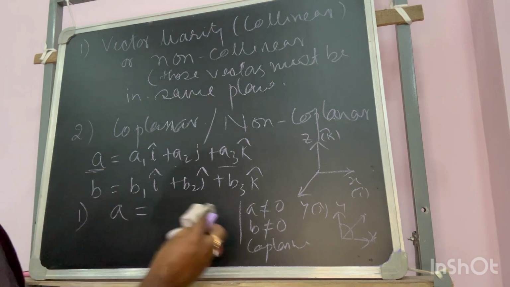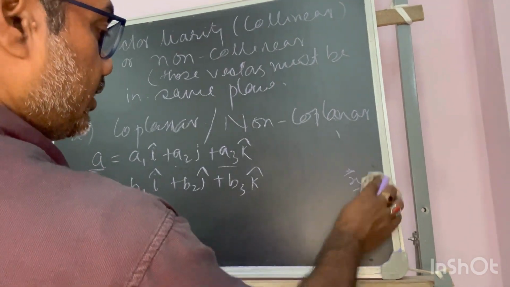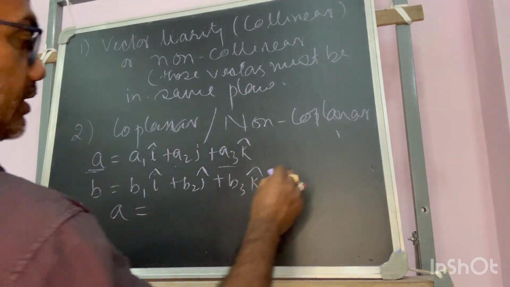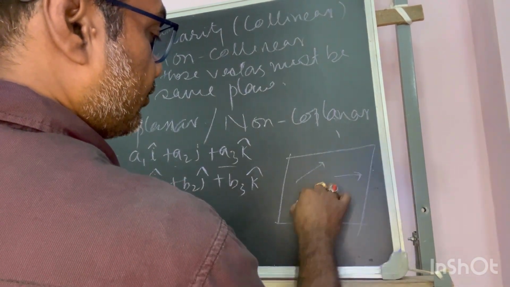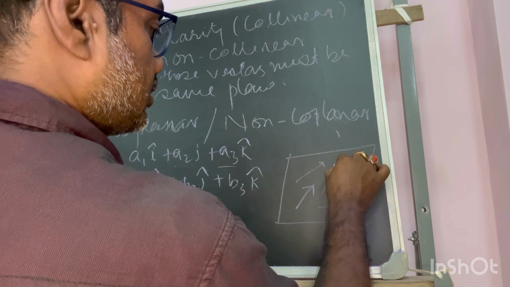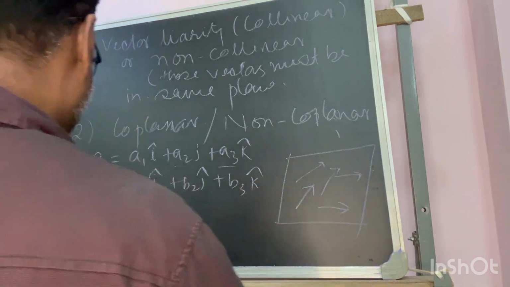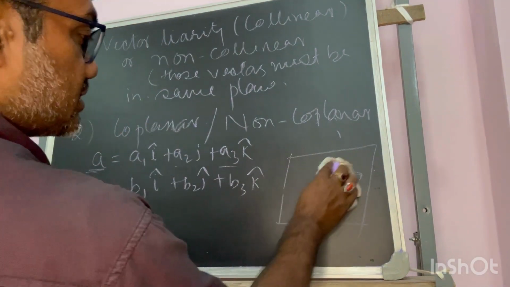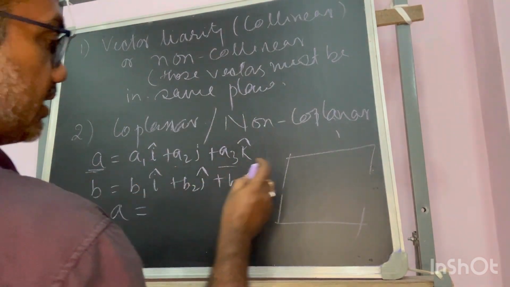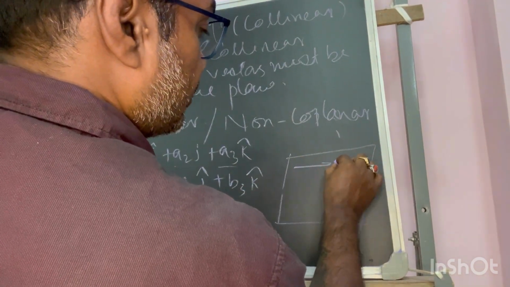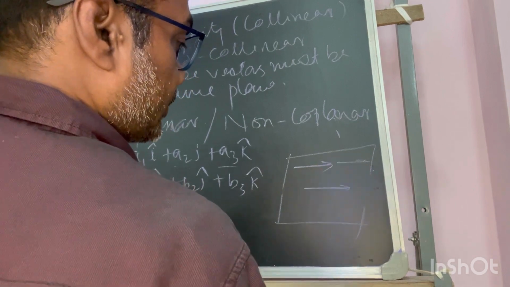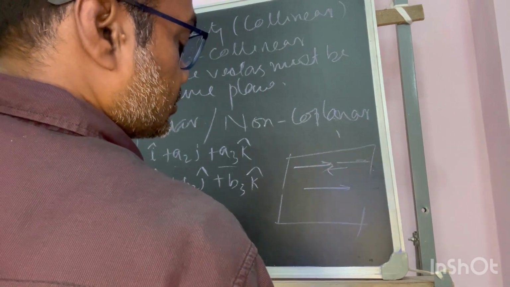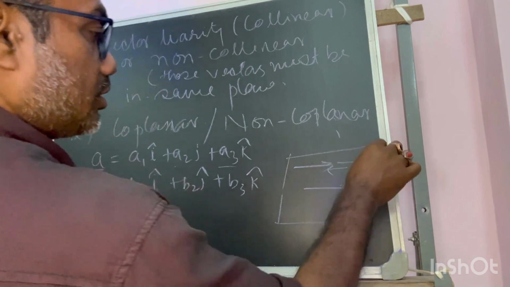If I take any plane, let's say this is a plane, there may be several vectors in so many directions. Out of those, if some vectors lie along the same straight line, or are parallel to each other, maybe in opposite direction also, but parallel or collinear.